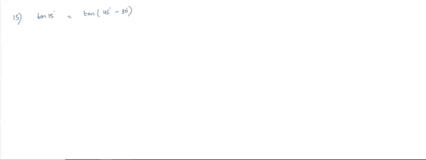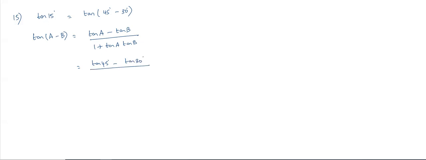So now that I have written that, I know that the formula that I will use will be the tangent difference formula, which is tan A minus tan B over 1 plus tan A tan B. Here A stands for 45 degrees and B stands for 30 degrees, over 1 plus tan 45 tan 30.